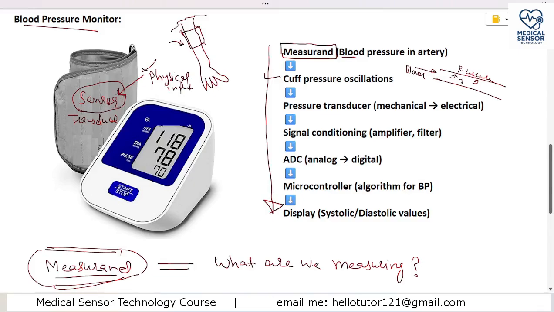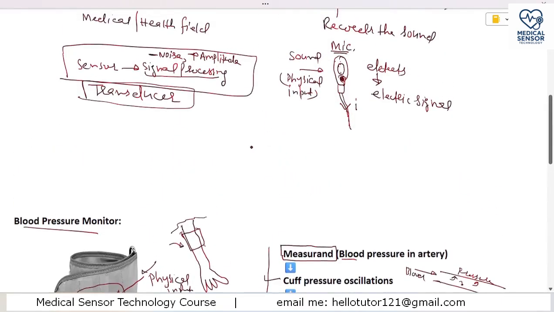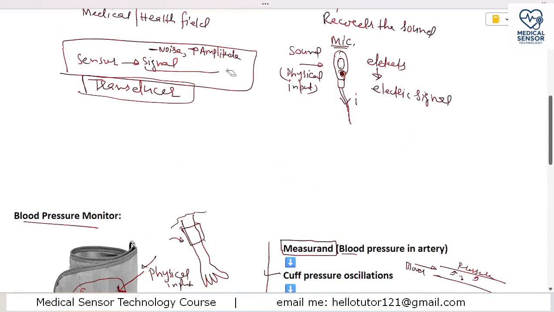This electrical signal is cleaned, then we have signal conditioning, which I talked about before. This signal processing, or we call it signal conditioning, is just a fancy word, nothing else.